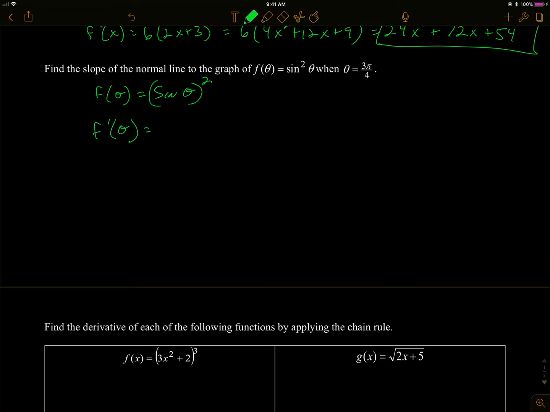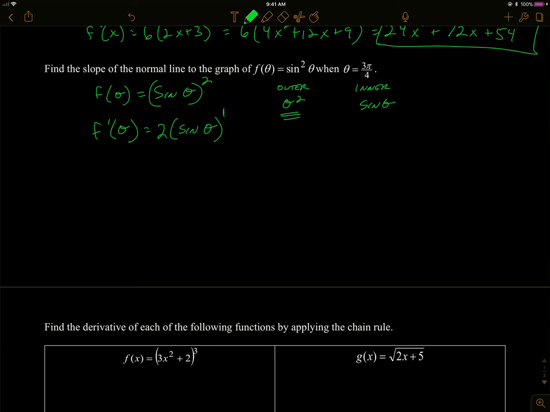If I apply chain rule, my outer function here is x squared, or in this case I'll go theta because these are in thetas, theta squared. And my inner function is sine of theta. So remember, chain rule says do the derivative of the outer first. So I'm applying power rule on this thing. The 2 comes down. I recopy the inner when I do power rule with chain rule here. Reduce the power by 1.